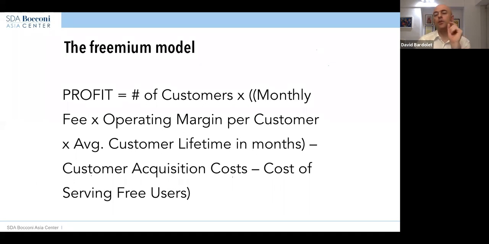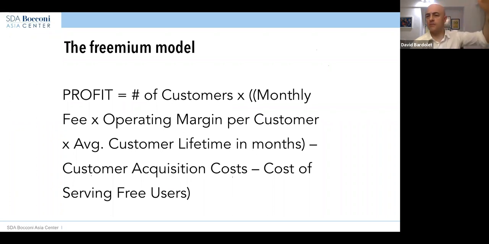And the simple way to look at this, this last cost of serving free users, is as a marketing cost. Why are you spending money streaming music that is expensive for you, to people who don't pay anything? Because you hope to turn them into subscribers.